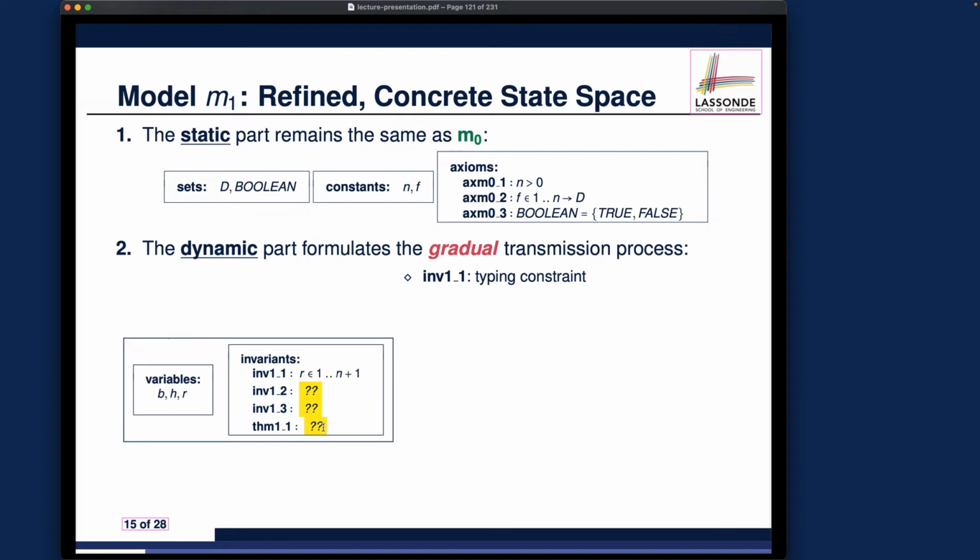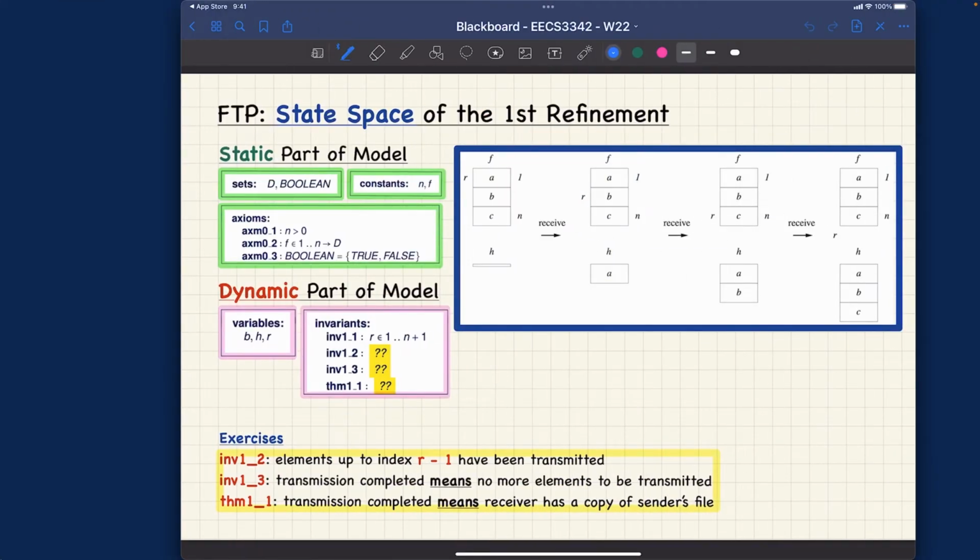Okay, let's now move on to the page over here. So we got our static part, as we just went through, and also the dynamic part. We got the 3 variables, and we got these 3 conditions to be specified as exercises. We'll go over them one by one. Let me first of all clarify the difference between invariants versus theorems over here.